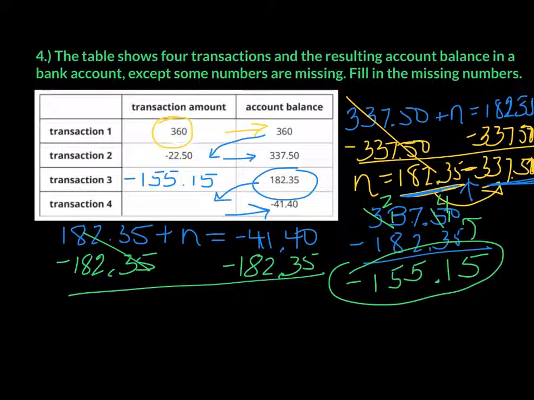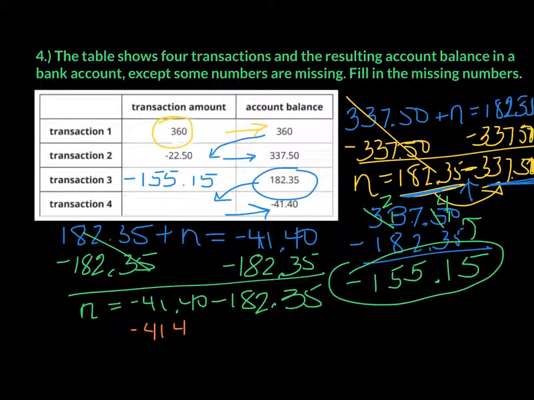Both sides, these cancel. I'm left with n equals negative 41.40 minus 182.35. And then I get to stay, change, cha-cha-cha.